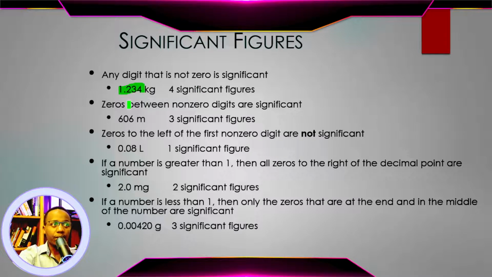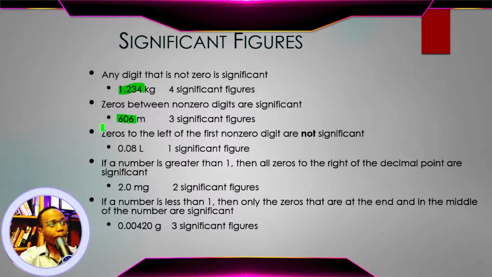Zeros that are between non-zero digits will always be significant. So this is 3 significant figures. If you don't have any 0, everything is significant. If you have a 0 in between, everything is significant. It's only when you have zeros at the end that you start to have a problem. But it's not a problem as long as you follow the rules.